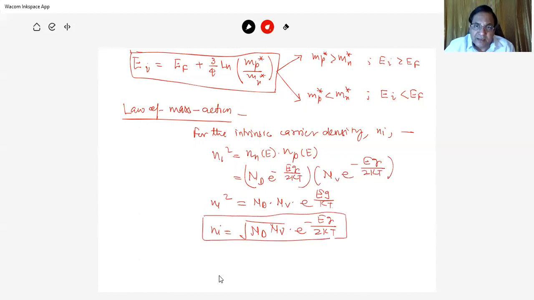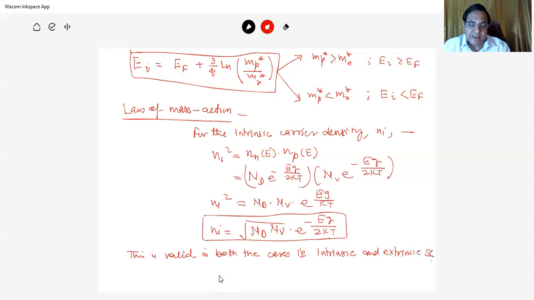This law of mass action is valid in both the cases, that is intrinsic and extrinsic semiconductor, at the thermal equilibrium.